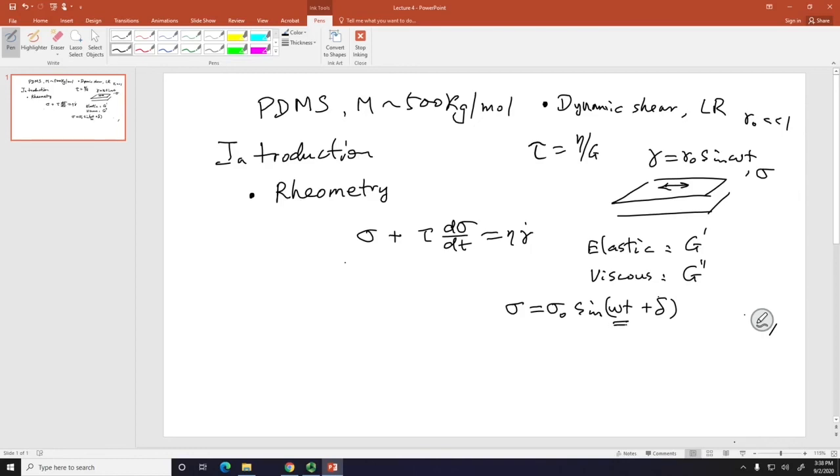But they are not going to be in phase with the strain, and there will be a delay angle. The simplest way to realize this is that the function can be expanded into a cosine and sine function, and therefore you will be able to write this as something of this form. Okay? And I flip it because I want to see where in my book I wrote this down in detail.